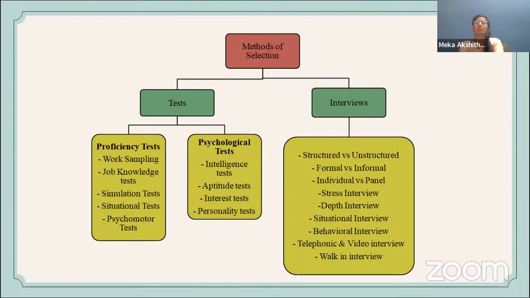Then we would be moving to psychological tests. Mostly, psychological tests are not required for all types of jobs, but in today's world, they have also been introduced in many organizations. Intelligence tests won't be used by organizations to a great extent. If they use them, it would be only in the initial screening stage.